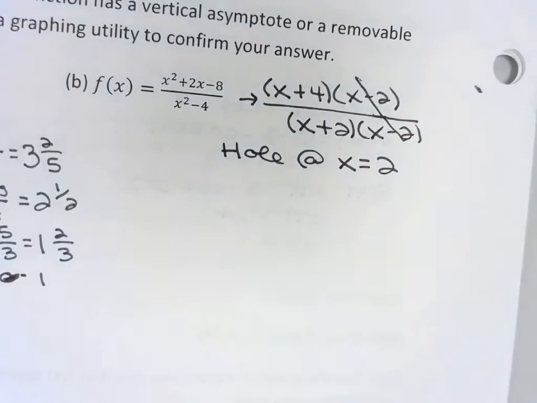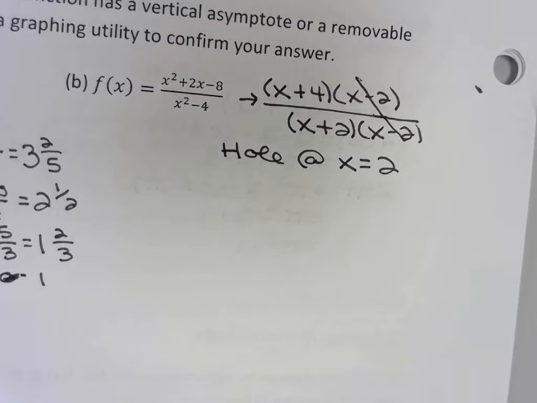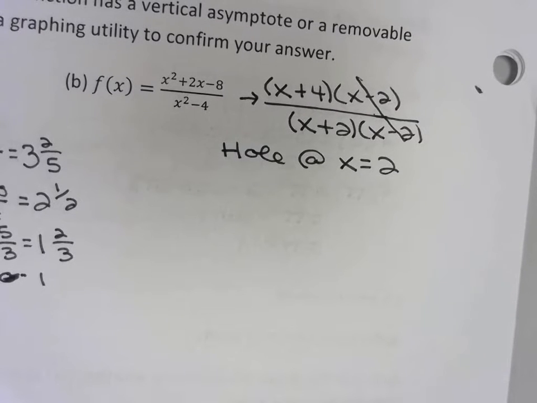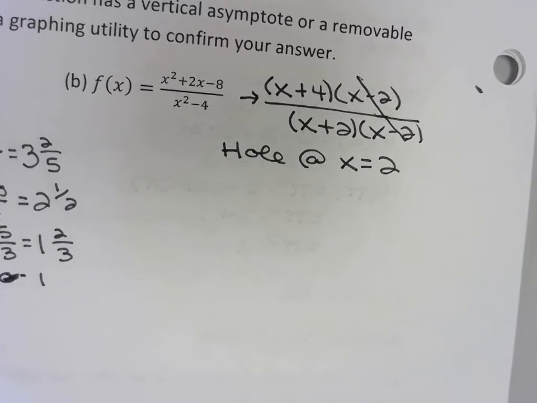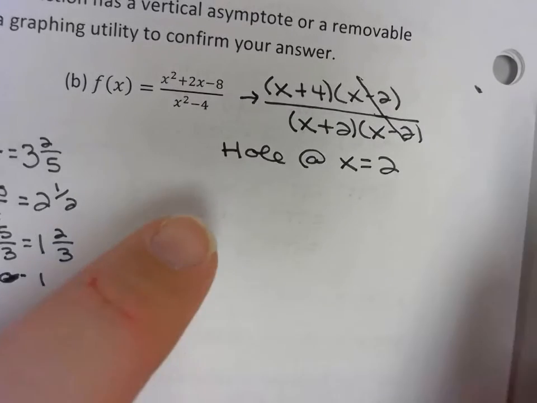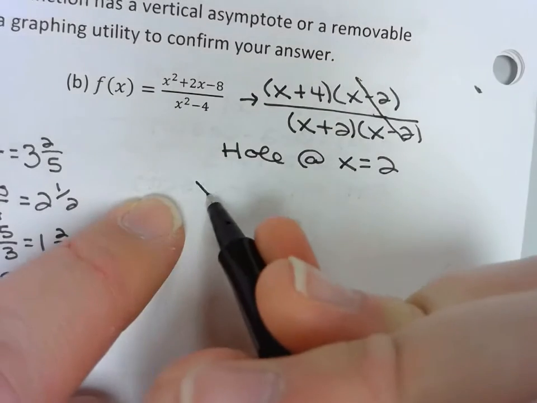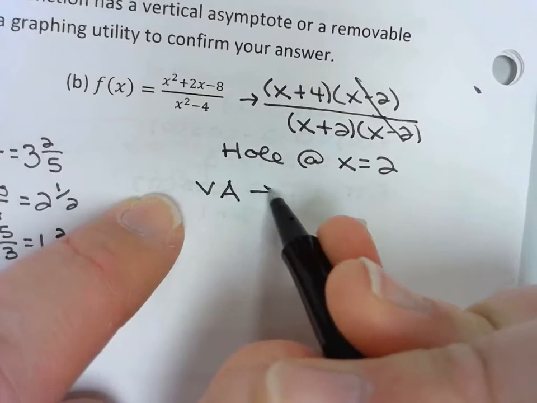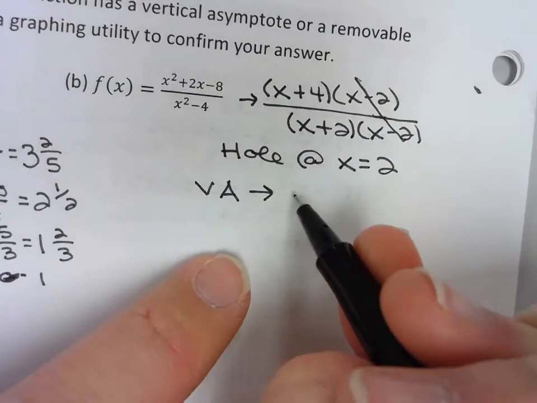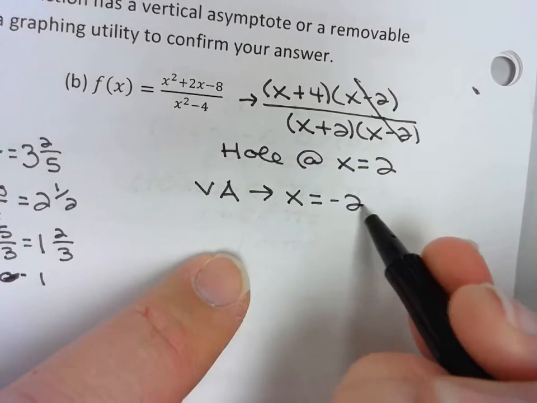This is another time, besides piecewise functions, where you may get holes. If you have a rational function where things cancel, that is where you have a hole. Same thing with my vertical asymptote: I would have a vertical asymptote at x equals negative 2.